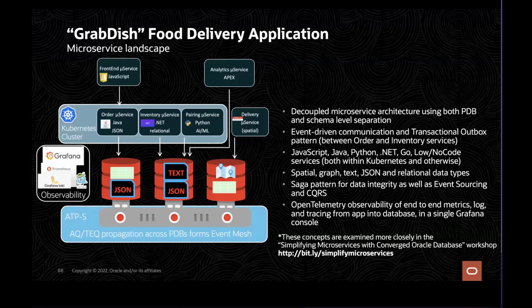But just to give you an idea of the general flow, you have a front-end service, a JavaScript service. It calls into an order service in the Kubernetes cluster. That order service goes into an order database where it inserts an order and sends a message requesting an inventory status for the item in that order. That message is picked up by the inventory service.